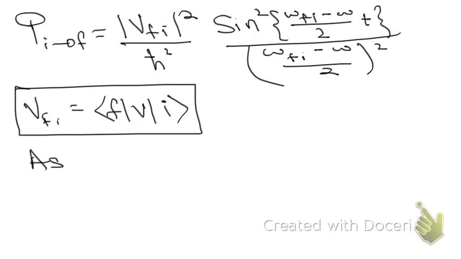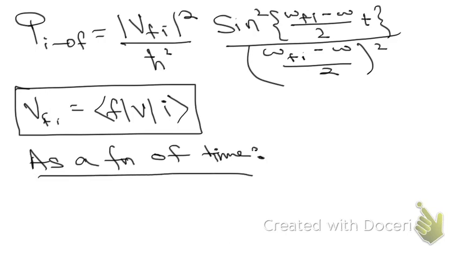If we view it as a function of time, the oscillatory dependence is going to be with a period of 2 pi over omega fi minus omega, and we're going to look at the probability distribution graph for this.